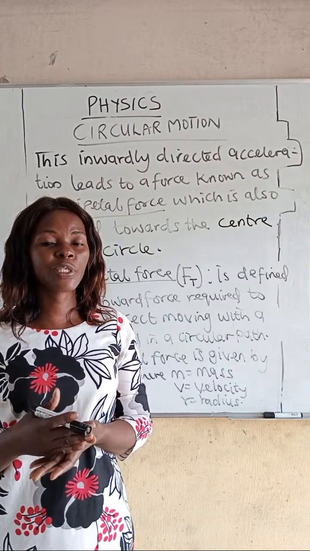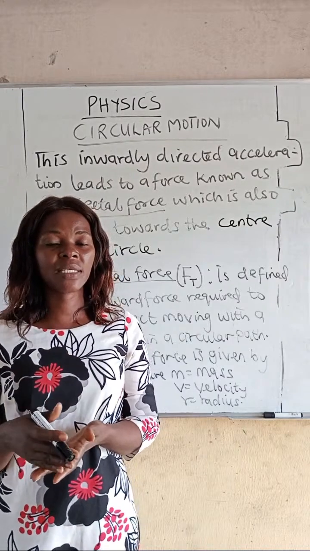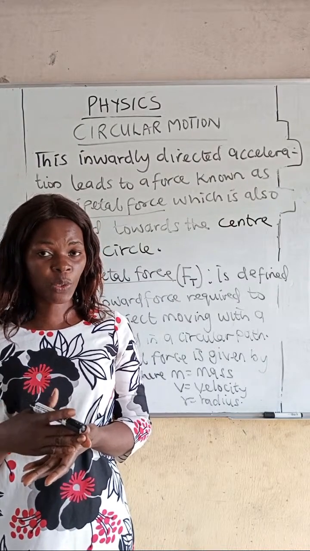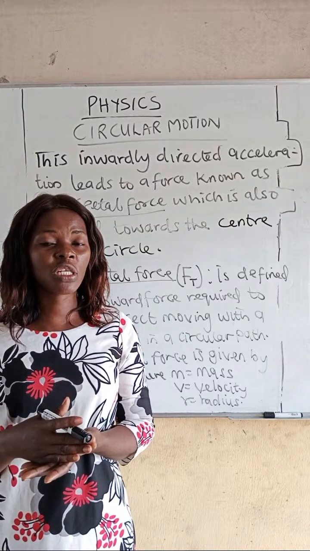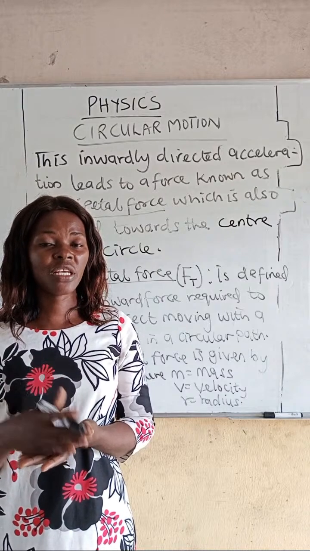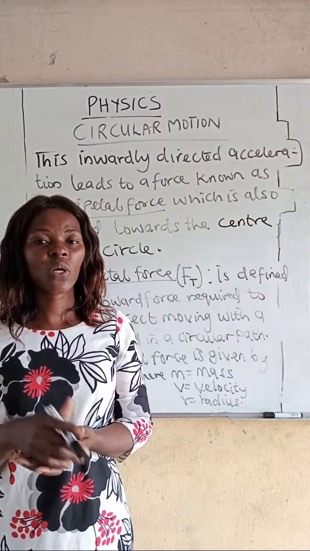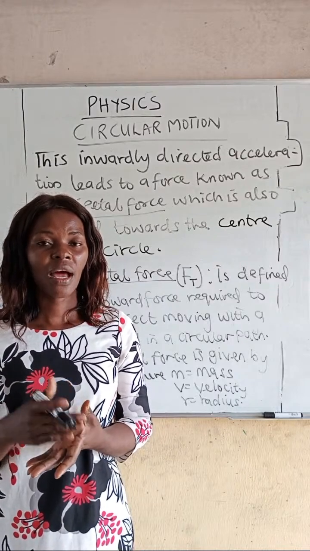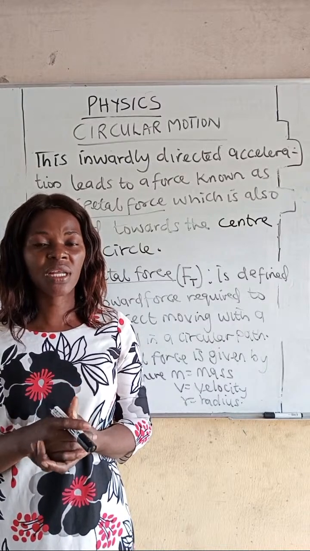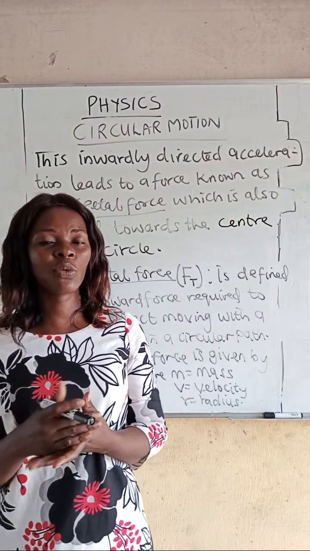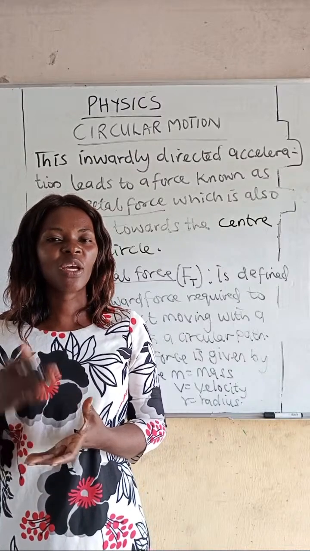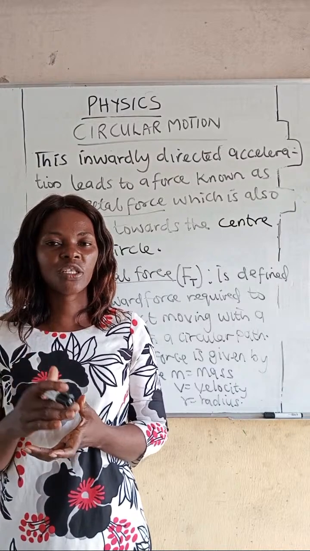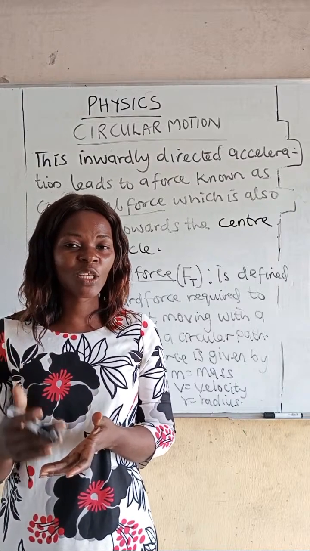Now, as this body is moving in a circular path, even though the speed is a scalar quantity and is constant, the direction of the motion is changing, and it's changing in a uniform manner. So as the direction is changing, the velocity is also changing, and it is being directed toward the center of the circle, and it constitutes an acceleration called centripetal acceleration.